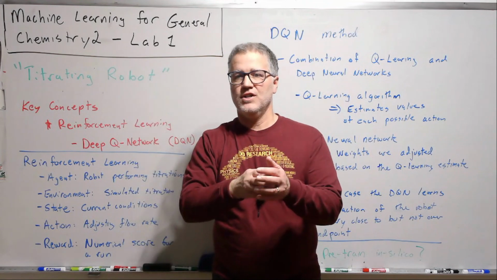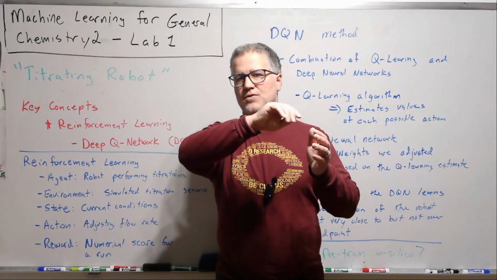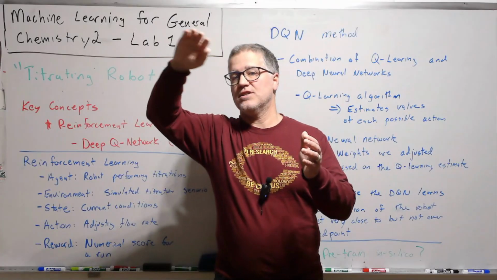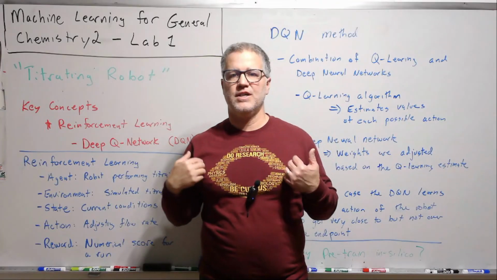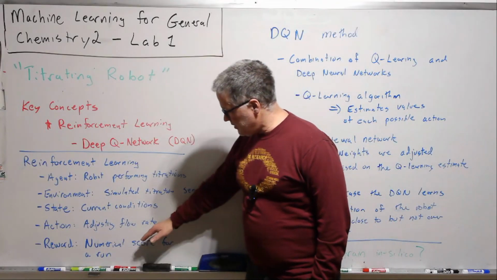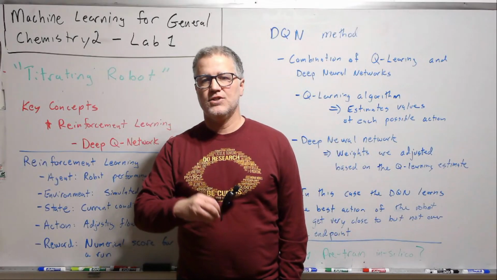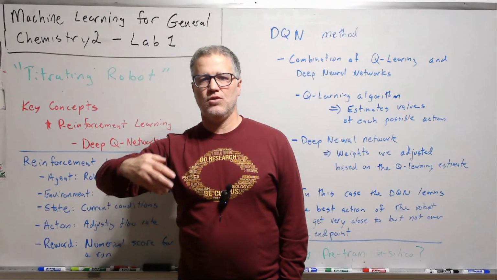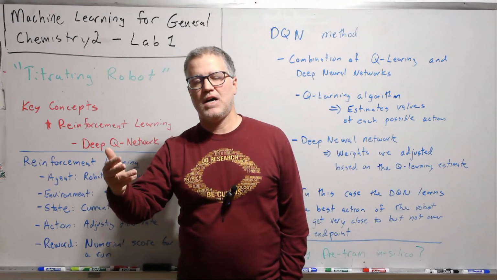And so on. So in the ideal case, the robot will learn to have a pretty high flow rate, get the flow rate going, and then turn the flow rate down as we get close to the endpoint, just like we would if we're performing a titration in the lab. And the system is based on a reward and penalty. So if progress is made towards the goal, being nailing that endpoint, then you get positive points.